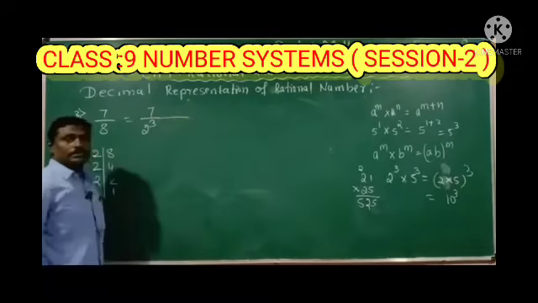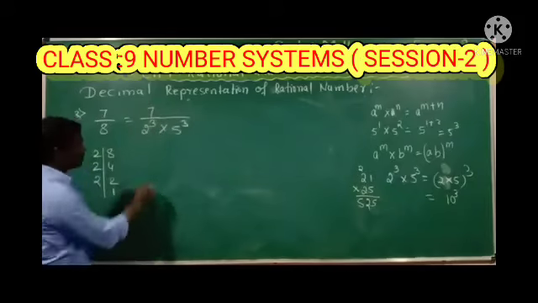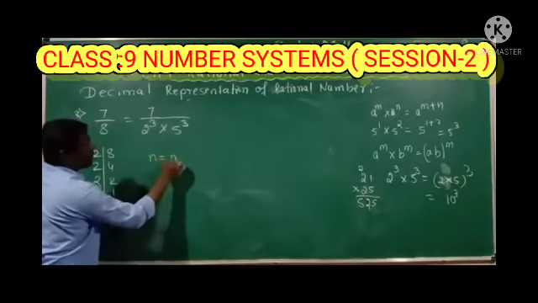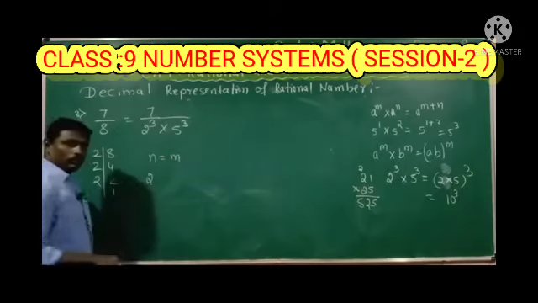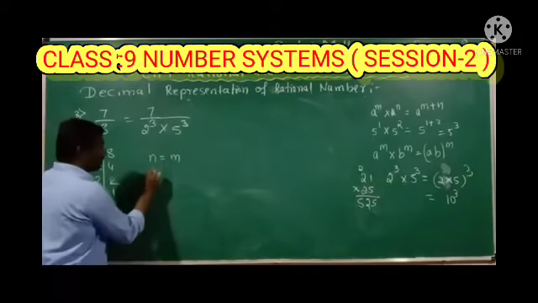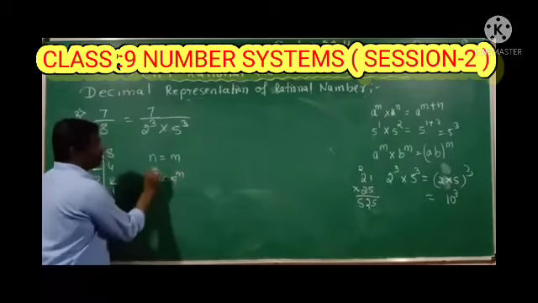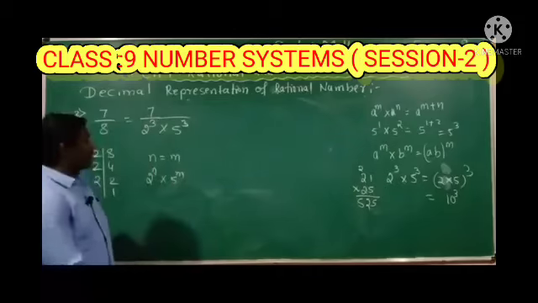So which term is missing here? 5 cube. Means we need to equate the m and n values, because the terminating rational numbers are always in the form of 2 raised to n and 5 raised to m. In that we need to equate m and n values.